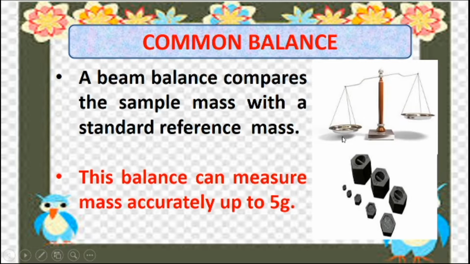The standard reference masses are 5 gram, 10 gram, 20 gram, 50 gram, 100 gram, 200 gram, 500 gram, 1 kilogram, 2 kilogram, 5 kilogram. This balance can measure mass accurately up to 5 gram.